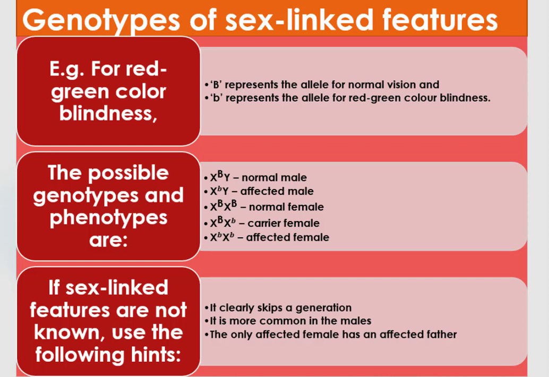If sex-linked features are not known, we have to use the following hints or principles. 1. It clearly skips a generation. Second, it is more common in males, and the only affected female has an affected father.